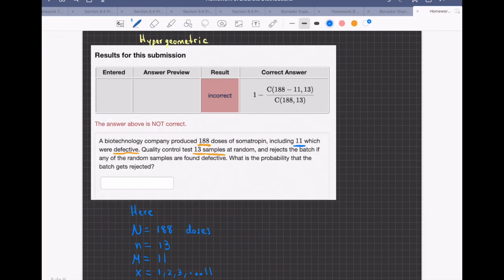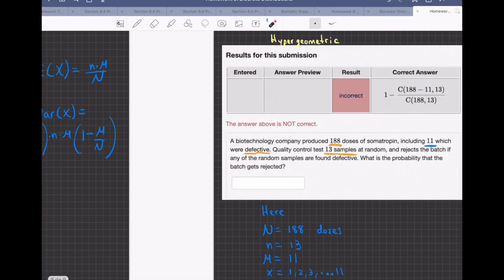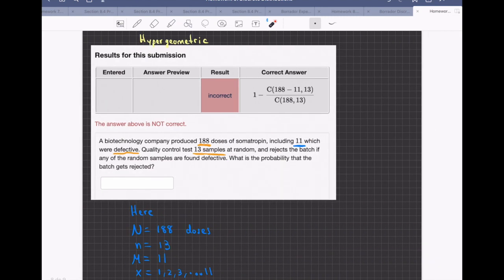All right, but if we want to do it by using this formula, we would have to substitute X equal to 1, 2, 3, and so on up to 11 in this case, because M is less than 13, so that's why we put M. But we don't have to do that. We can take advantage of properties of probabilities.